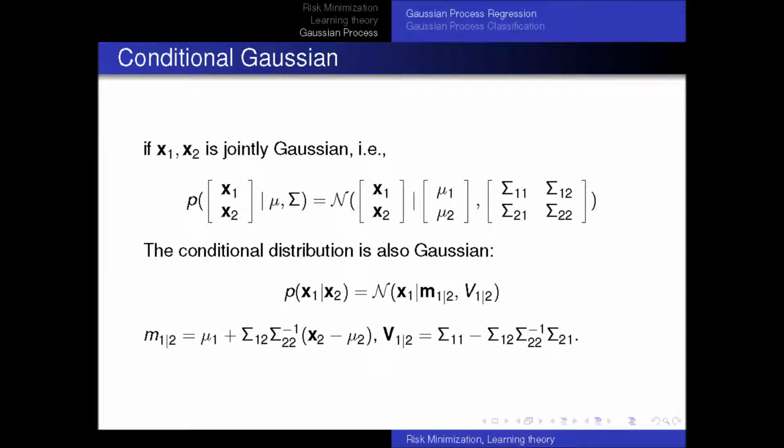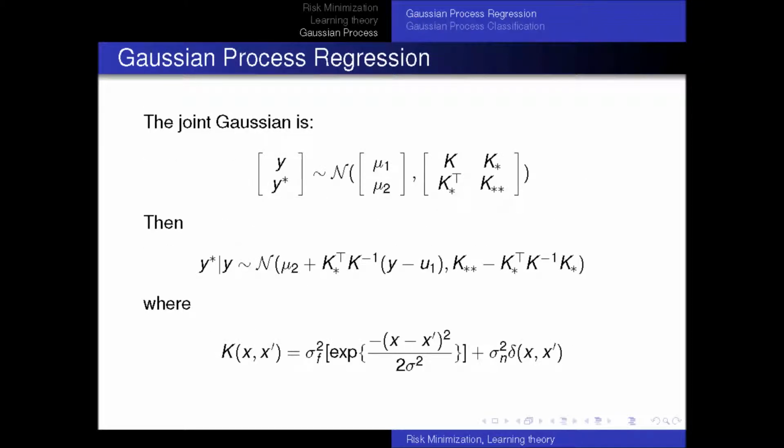Assume that we have a lot of data points, and these data points have label y, and this y is real valued. And now for a new point x star, we want to predict the corresponding label y star. How can we do that? Gaussian process is just making the assumption that this y and this y star follow a joint Gaussian distribution.